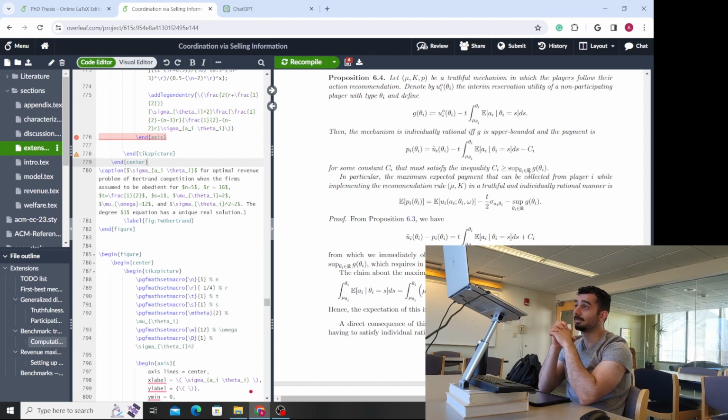Why is that? ui minus pi minus ui0. Okay, that's it.